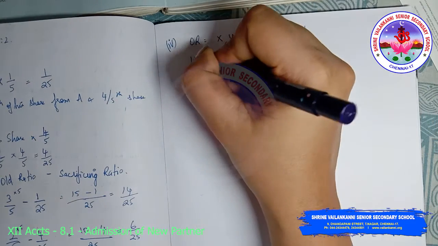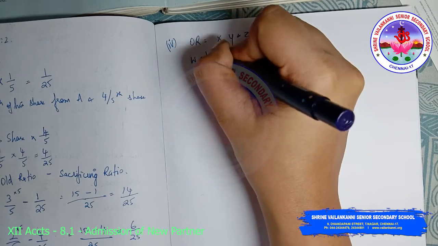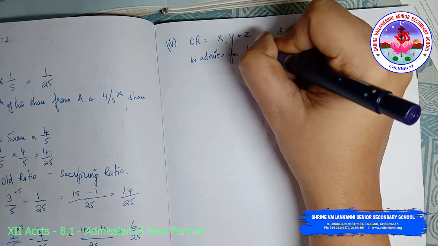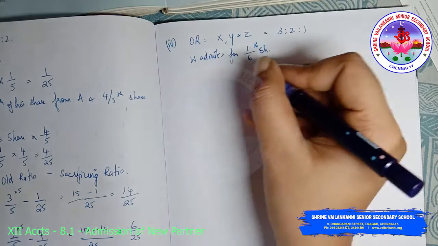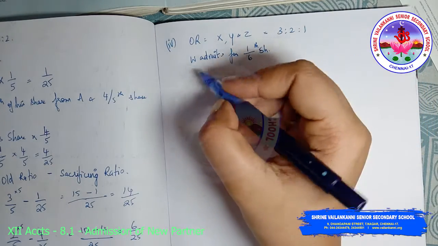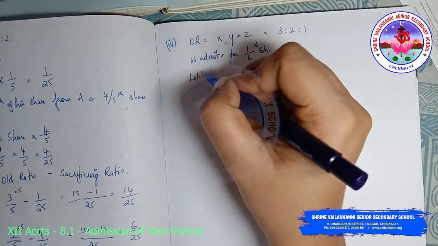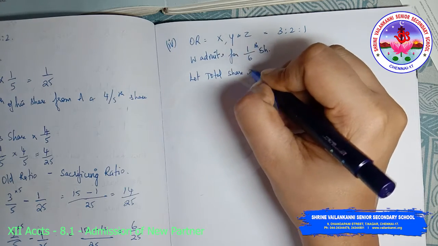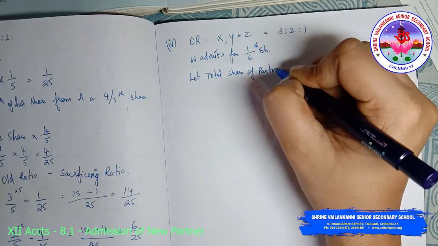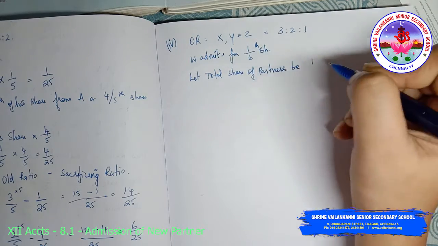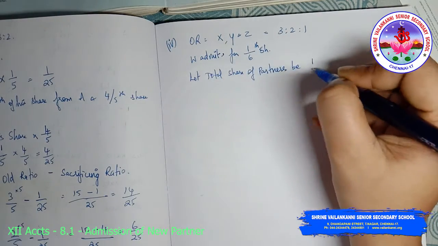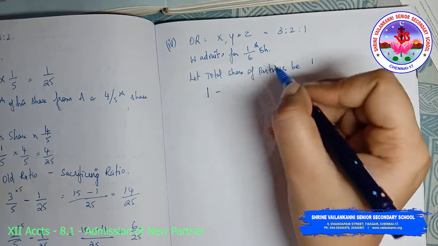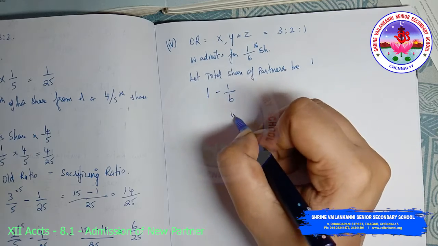So W is admitted for 1/6 share. Let the total share of partners be 1. What is W's share? 1/6. This is W's share.